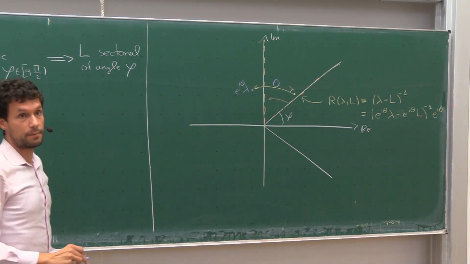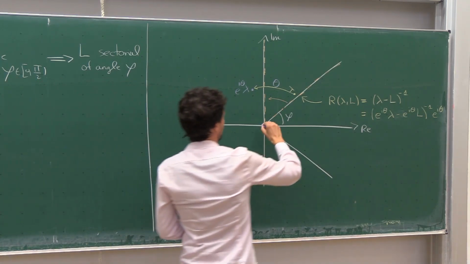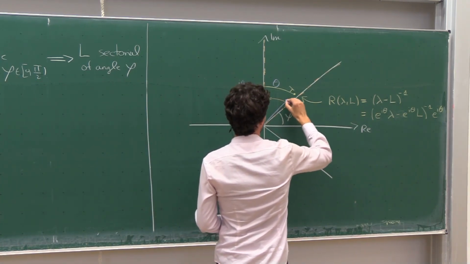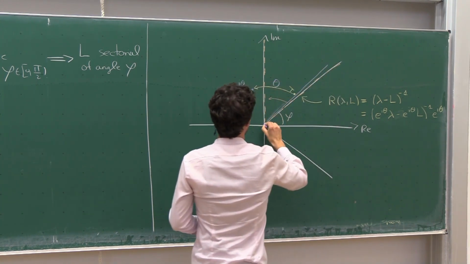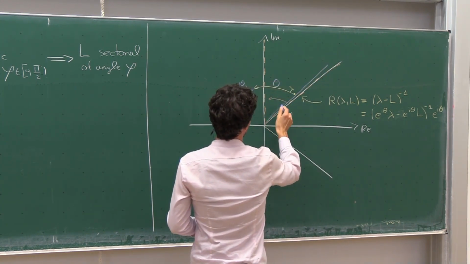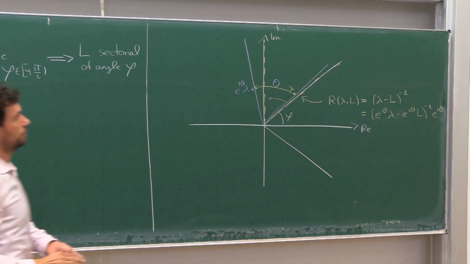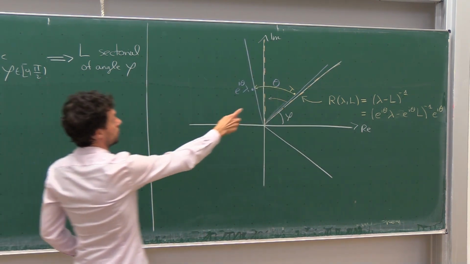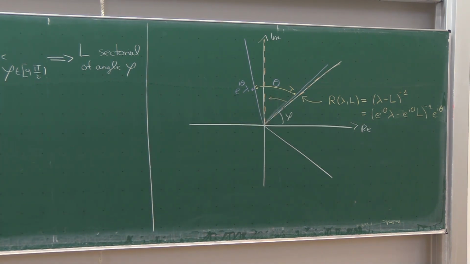Then the rotated lambda is going to be in a new sector, the opening angle of which is larger than pi over 2. So for the rotated lambda, you are in a sector where every accretive operator gives you the resolvent bound required for sectoriality.